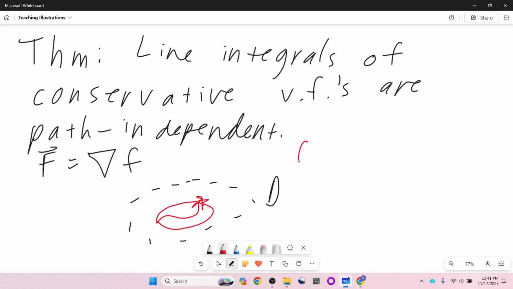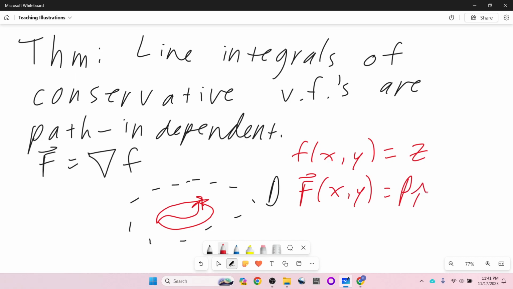where f is a scalar function, so f of x, y equals z, whereas capital F of x, y will be like P i plus Q j, maybe plus R k. Could have any number of components. But if we can break it down, I guess if there's only two variables, it should only have two.